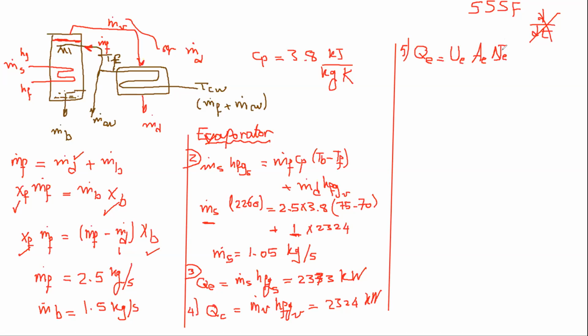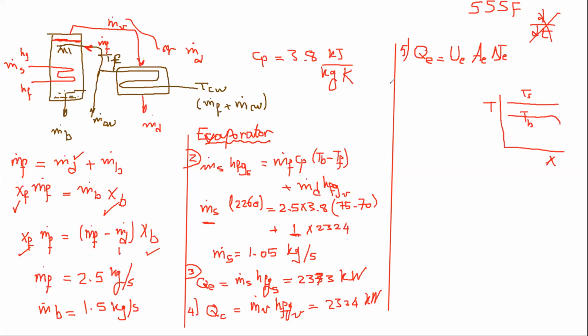You will notice that I just put the temperature difference as delta T, because if you remember from last time, in the evaporator we have steam at constant temperature, and we have the seawater coming at feed temperature. It will be heated up to TB, and then TB will remain constant.